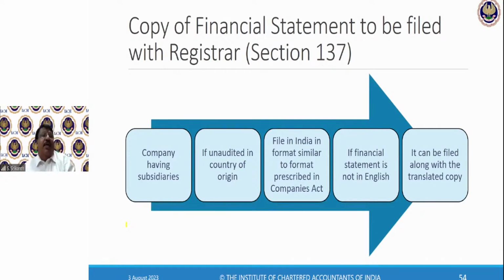Copy of financials in the case of a company having subsidiaries abroad: if the subsidiary is unaudited in its country of origin, you have to file for that subsidiary in India in a format similar to the format prescribed in the Companies Act, Schedule 3 format. You have to file in India because you are a holding company with a subsidiary in a foreign country where it is not audited.